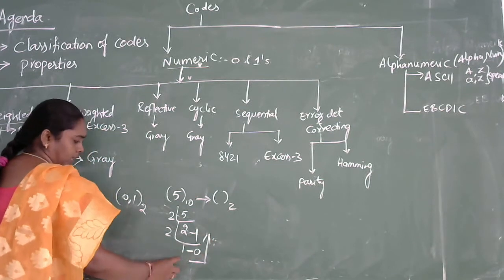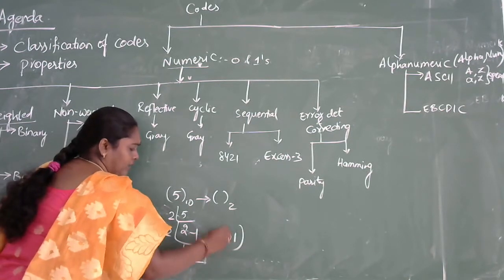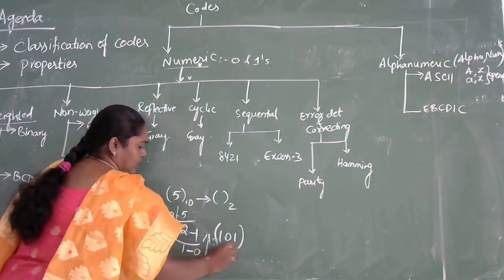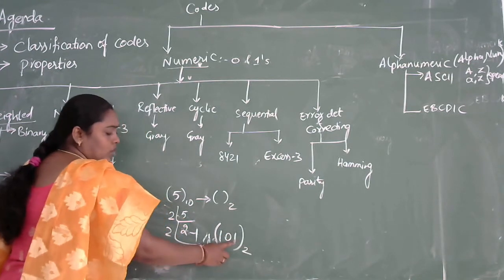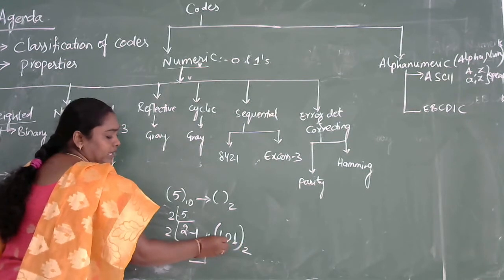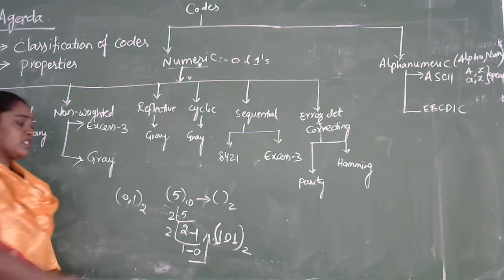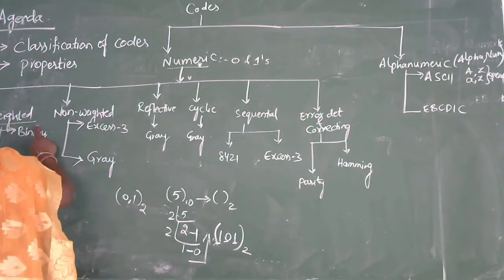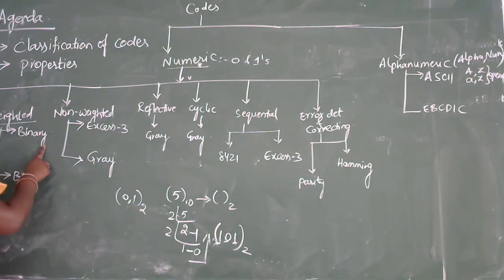So the equivalent of 5 in binary is 101. All these individual bits, 1, 0 and 1, have some significance, so these are an example of a weighted code.